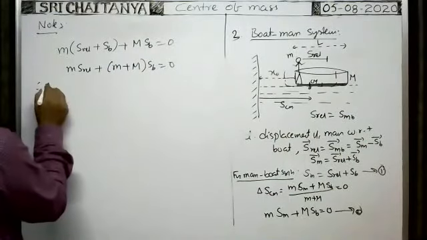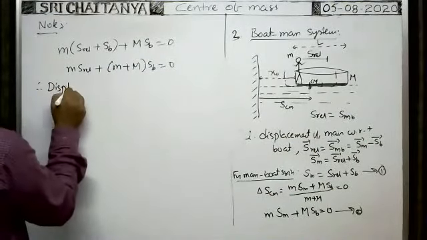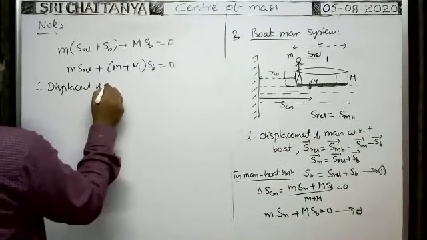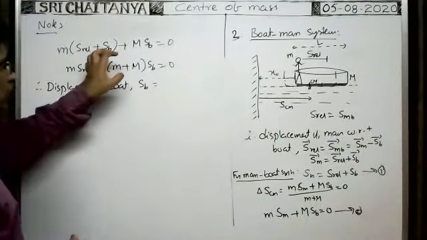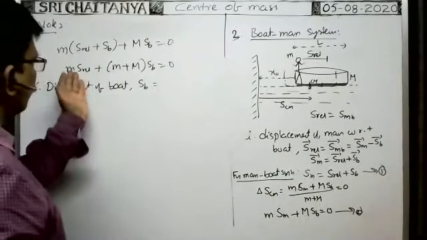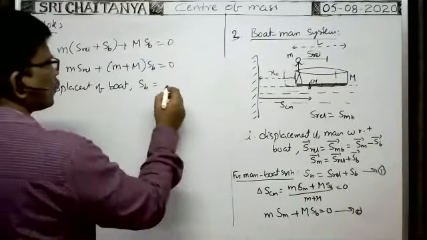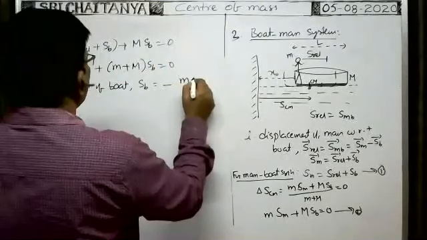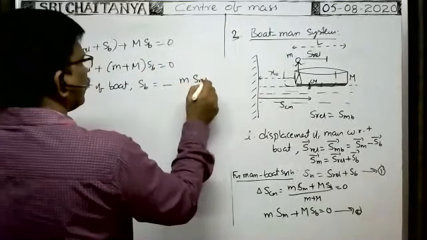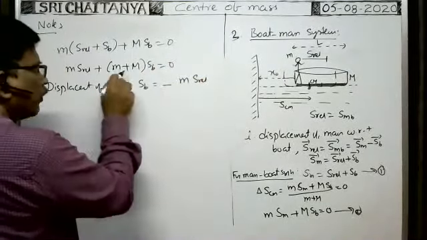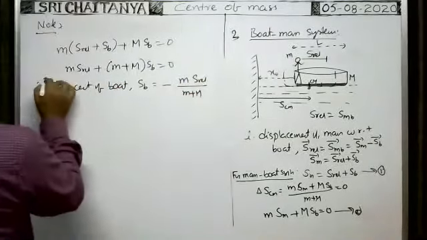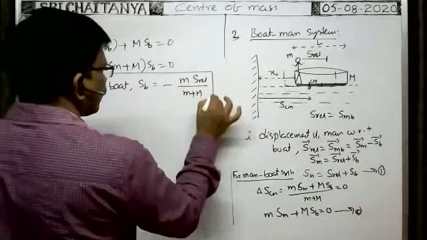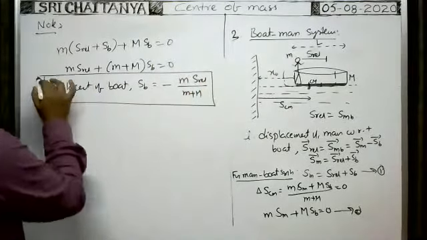So displacement of the boat, SB is equal to minus m S relative by m plus M. It is the displacement of the boat with respect to the bank of the river or with respect to earth.